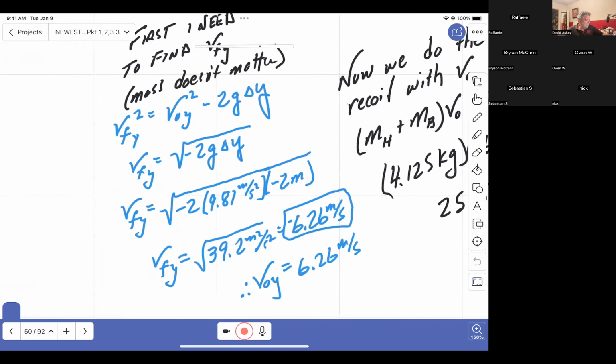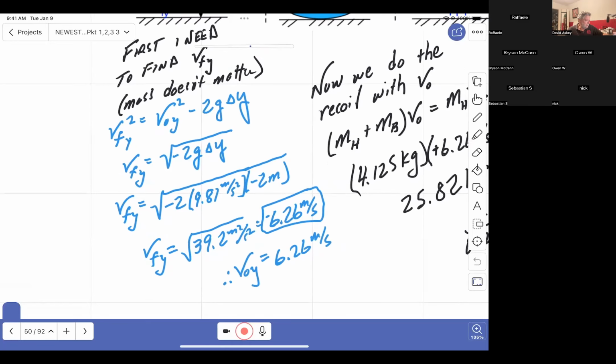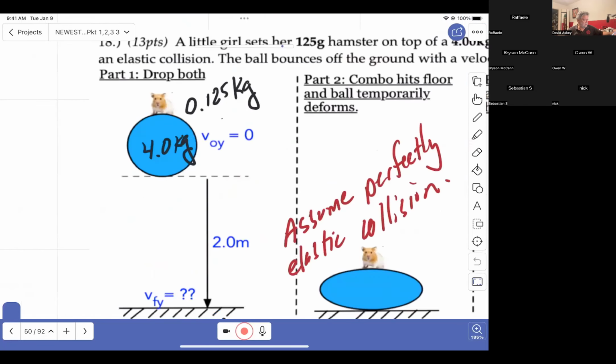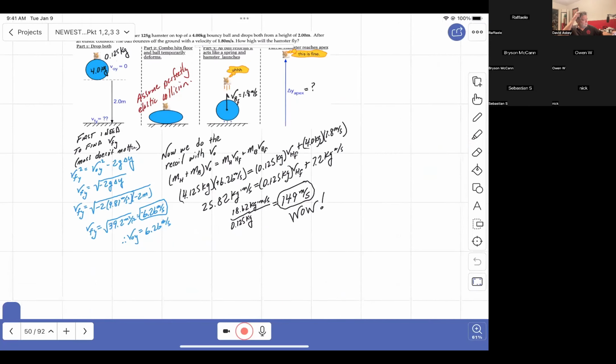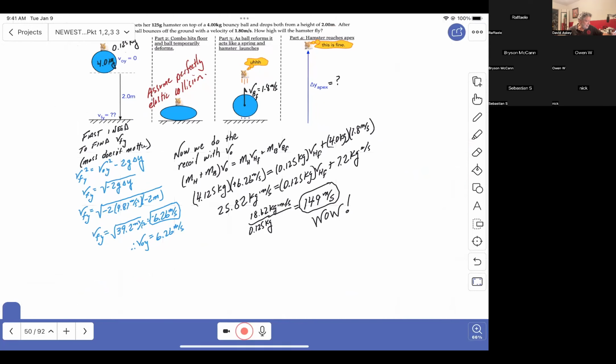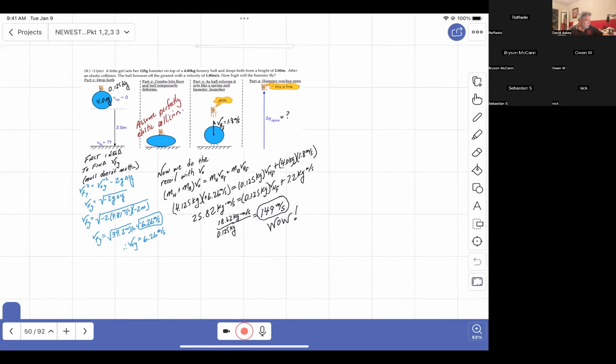So I just used the third blue, found V naught Y. I dropped him, initial velocity, it says here is 0. So I didn't bring the mass into it. And then I got a final velocity of 6.26. Maybe 6.3 is a little too much rounding, but we have to go 3 sig figs, 6.26.